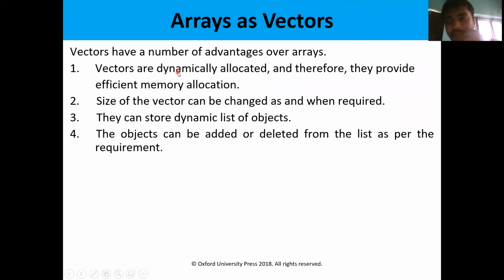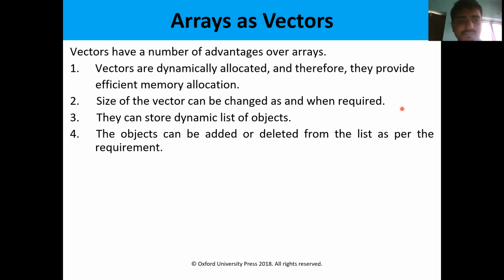There are many advantages of vectors compared to arrays. Let us see a few. Vectors are dynamically allocated and provide efficient memory allocation, but arrays don't provide dynamic allocation of memory. The size of a vector can be changed as and when required. If the size is exceeded, it is automatically adjusted.